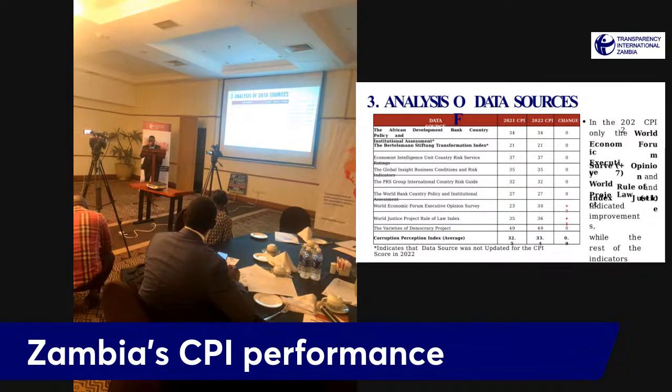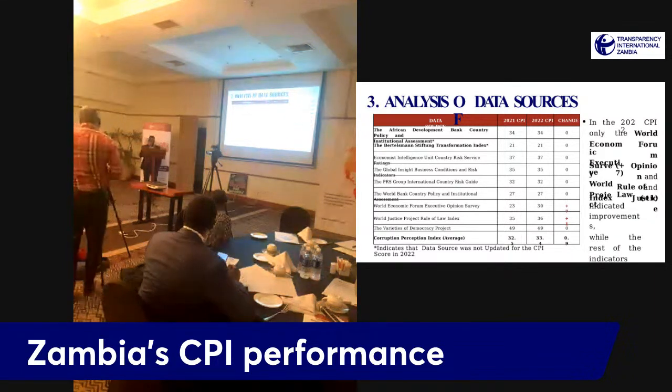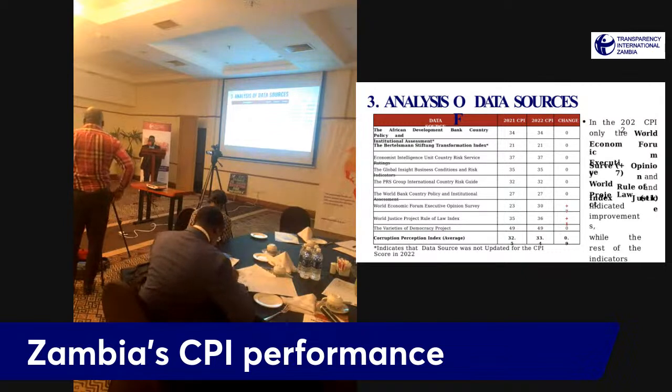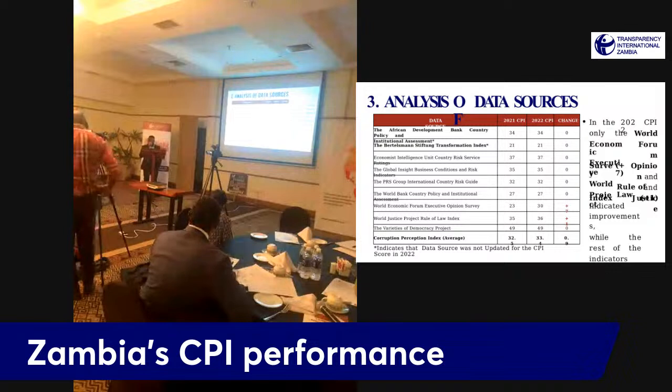If you look at the average score for 2022, there's an improvement because of those 2 data sources which have improved. In the actual average CPI, it has improved to 33.4, which is a 0.9 point increase. However, because the point increase is not up to 1%, we cannot round off 33.4 to 34, right? So the score has been maintained at 33.